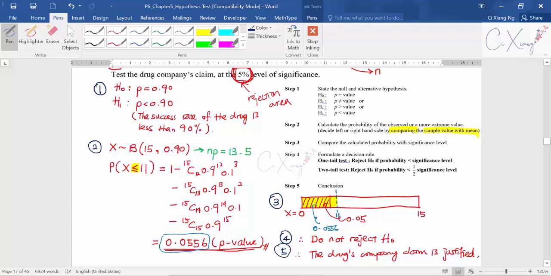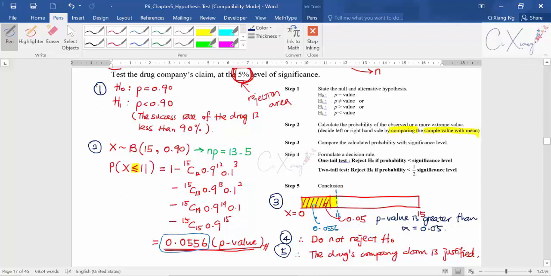For step number 3, you will realize that in most marking schemes they actually don't draw this out. They will just write out a statement. So if you want, you can also write out a statement like this to justify it. You can write that the p-value is greater than the significance level, which is 0.05.